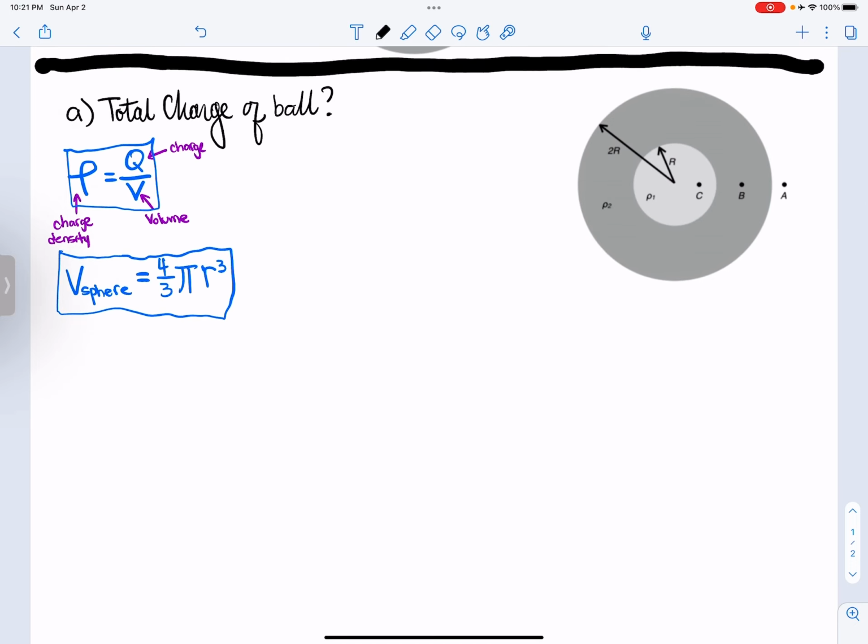So basically, if the total charge density is equal to the total charge of the ball divided by the total volume, then the total charge is equal to charge density times total volume. Although density doesn't change, or it actually does in this case, doesn't it?